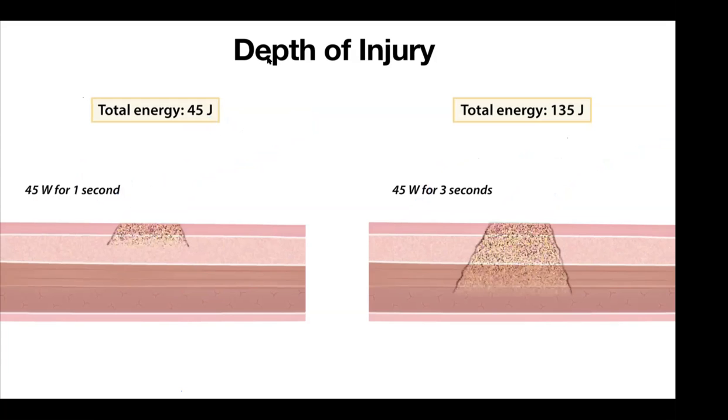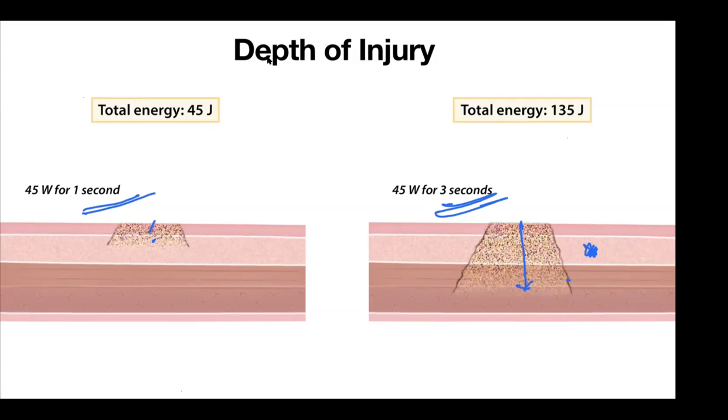So when you look at histopathology, with 1 second, the damage is just limited to the mucosa and maybe a little bit of submucosa. But when you give it for 3 seconds, it actually goes all the way to the muscle. Once you destroy the submucosa, the strongest layer in the gut, if you keep the submucosa intact, your healing is going to be great with less risk for perforation.